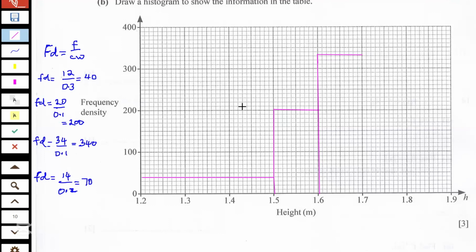I think this is not accurate. Let's draw this again.